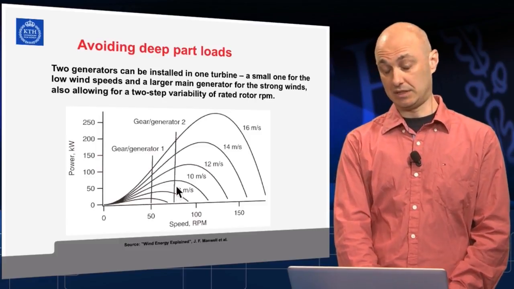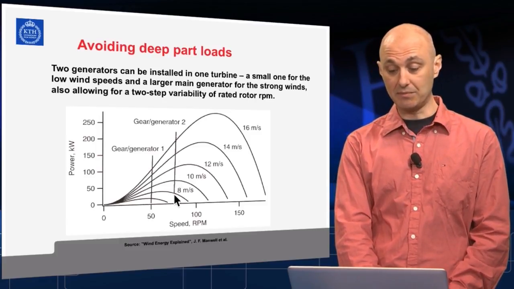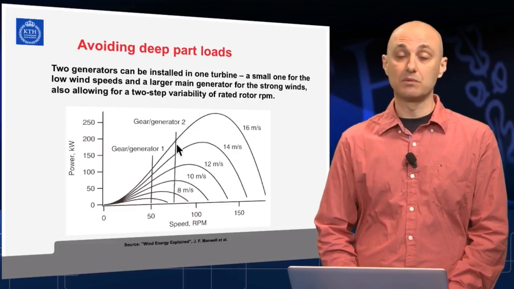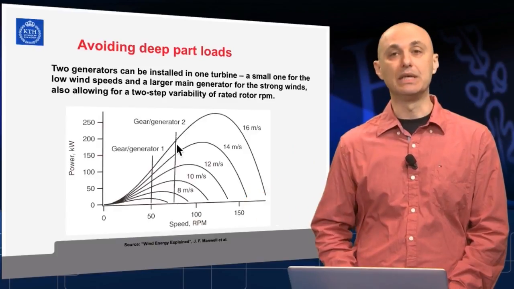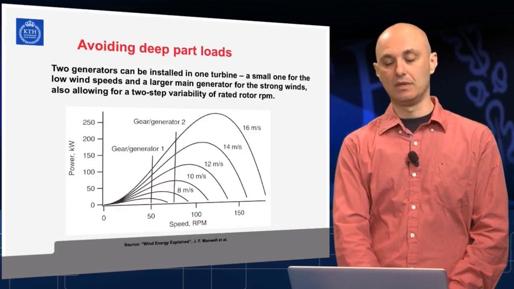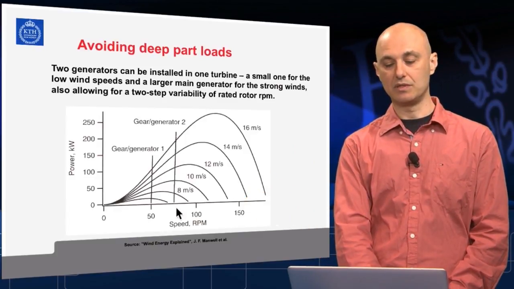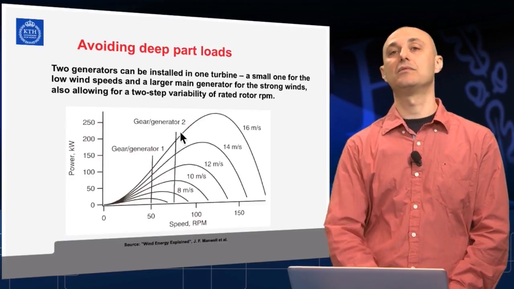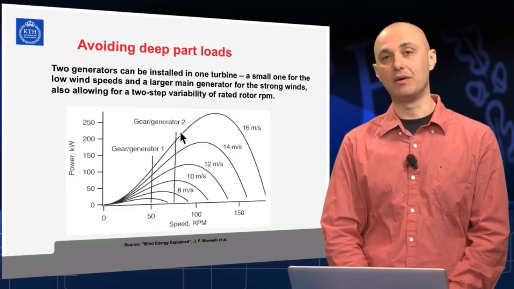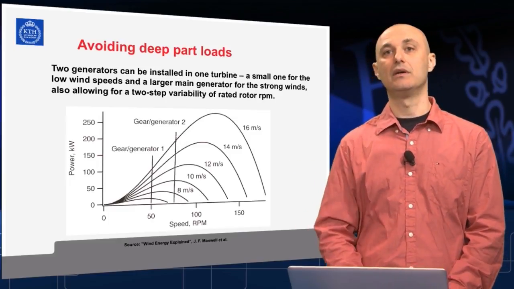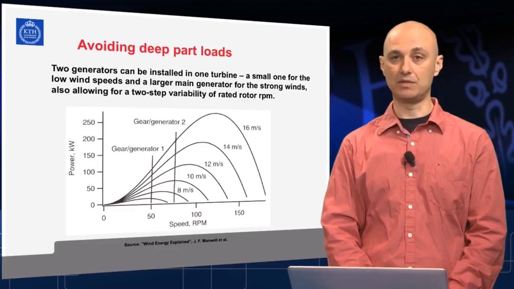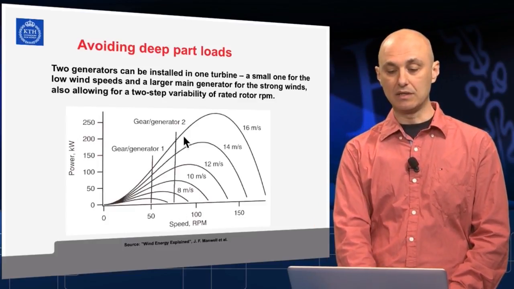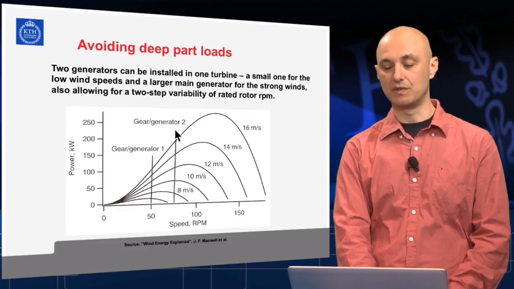Towards the slightly higher wind speeds, from 8 meters per second and above, the rotor would be driving another, bigger generator. Its performance and RPM are made to properly use the available power from the rotor and convert it to electrical power without deep partial loads in the high wind spectrum.